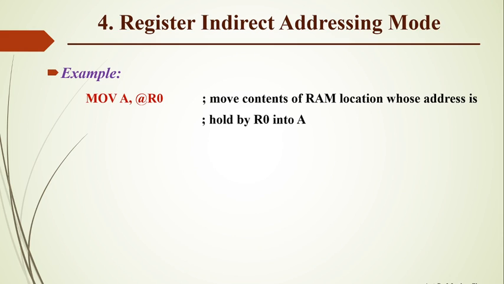Here the instruction is move A, @R0. The @ sign preceding R0 indicates that R0 is used as a pointer. R0 is holding the memory location or a RAM location. The content of that location will move into the accumulator.